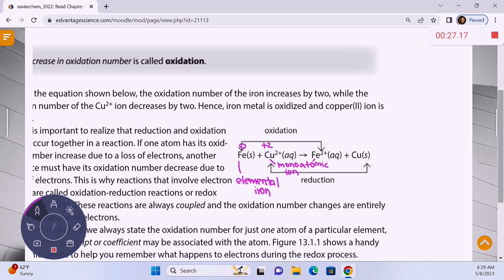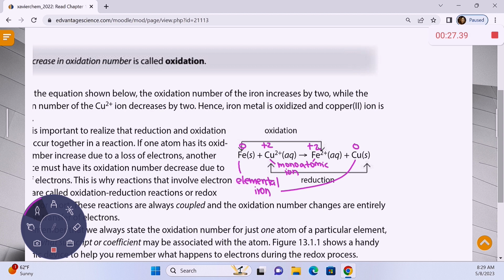So what would its oxidation number be? Plus 2. If there's a charge on the paper, then that's its oxidation number. Does that make sense? And then Cu solid is also elemental copper, so we would just put a 0 above it. So first you assign the oxidation numbers.